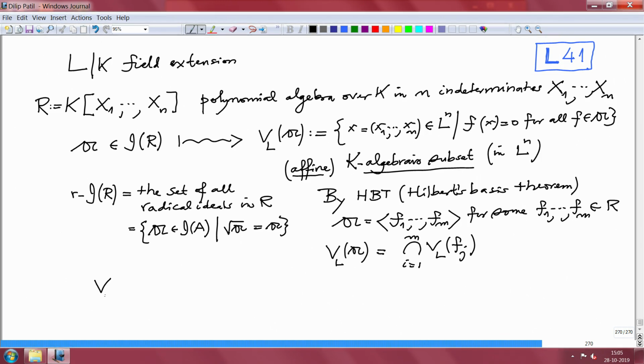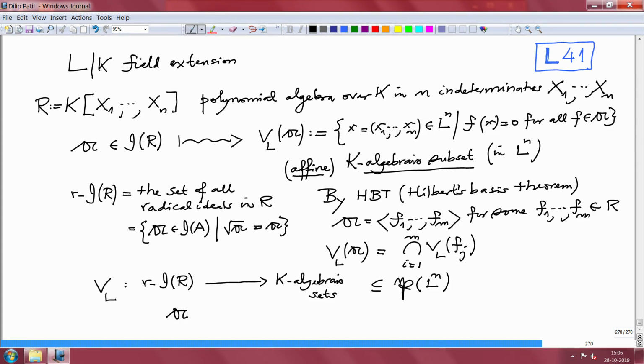Alright, so with this we have defined a map V_L. Think of this as a map from radical ideals in R to what are called K-algebraic sets, a subset of the power set of L^n. This map sends any radical ideal A to V_L(A), and we want to study this map.